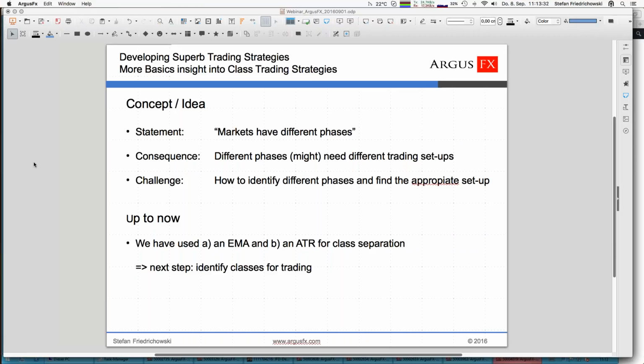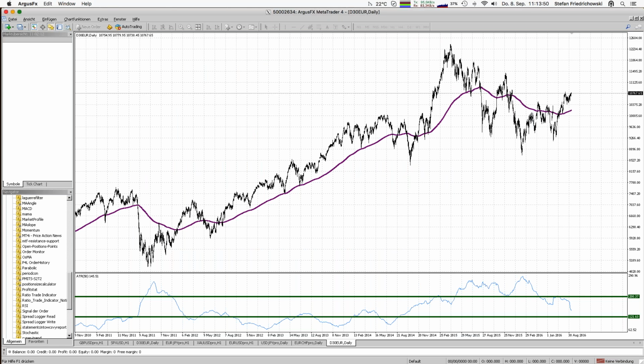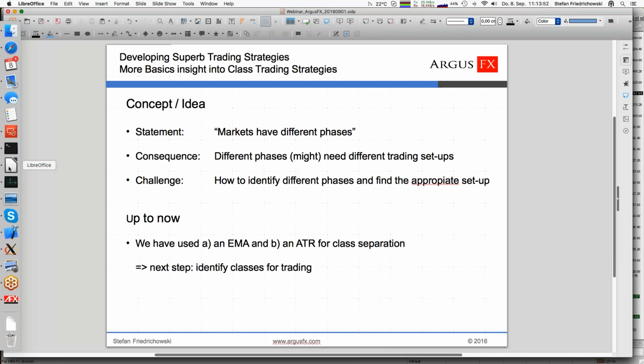About class trading, we have done already some first steps. I will recap a little bit what we have done, because then it's much more intuitive what will come next and what the next steps are in order to have a real clue on what is meant by class trading.